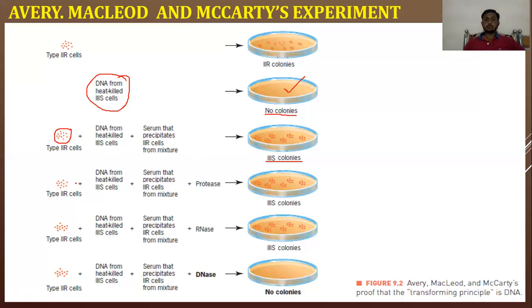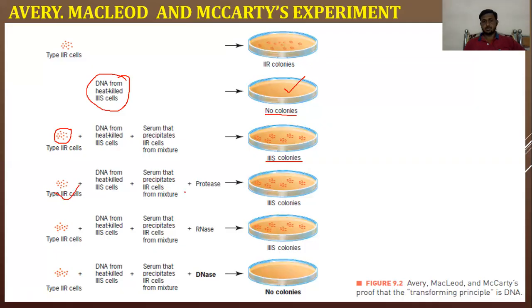Later on, they repeated the same experiment with R type cells plus DNA from the heat-killed S type cells. These two components are the same, plus serum that precipitates R type cells from the mixture.